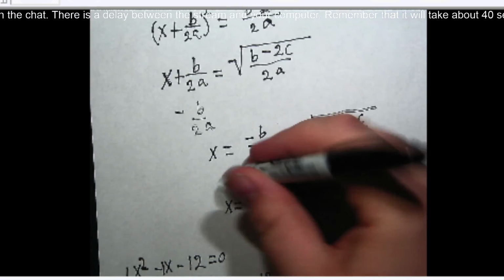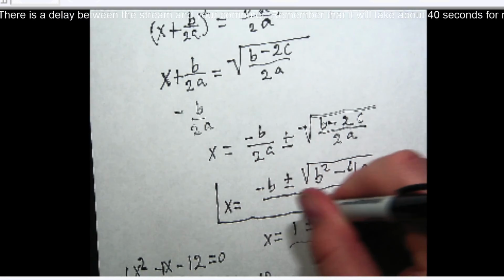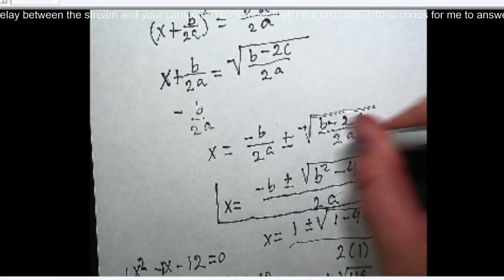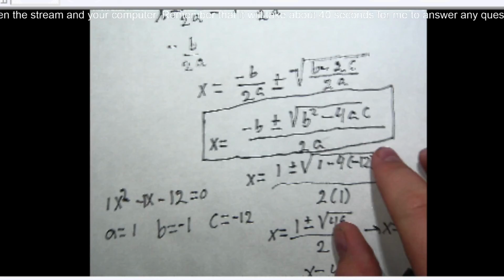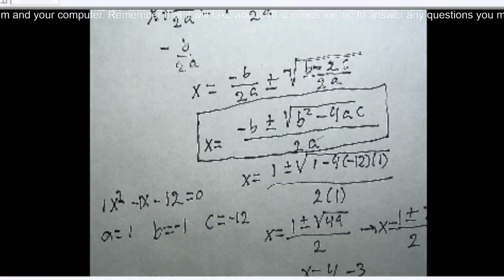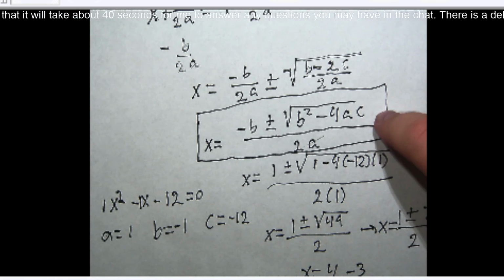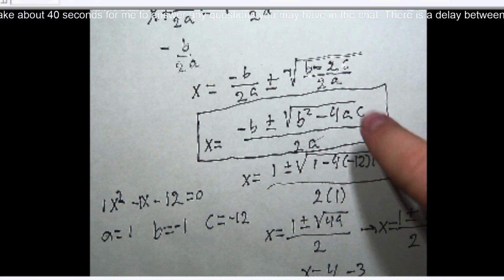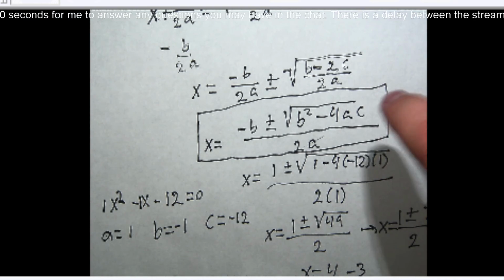Big thing is, I want you to write this down somewhere and try to memorize it. Because this is your best friend when dealing with quadratics. If you want to solve a quadratic equation, this will do it every time.